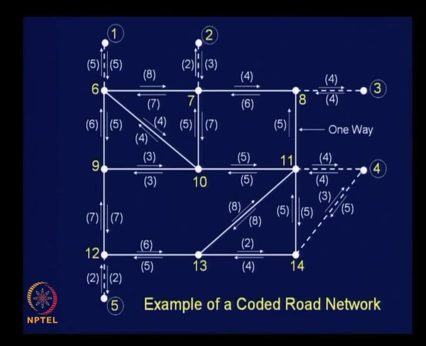Please try to capture this picture to understand the subsequent discussion clearly. Now, our starting node is node 1. So, we are trying to build the minimum path tree for node 1, which is zone centroid 1.